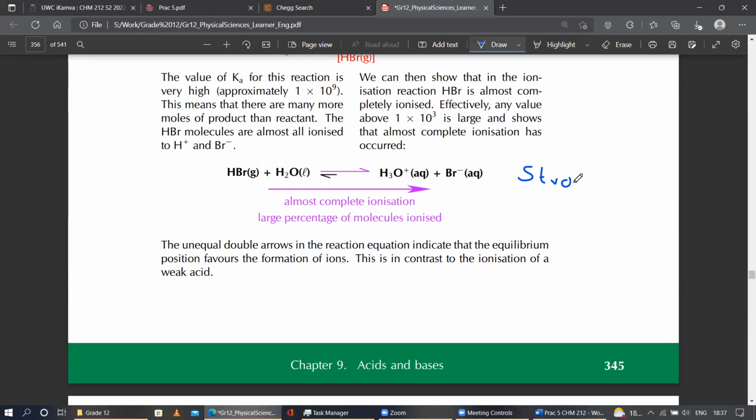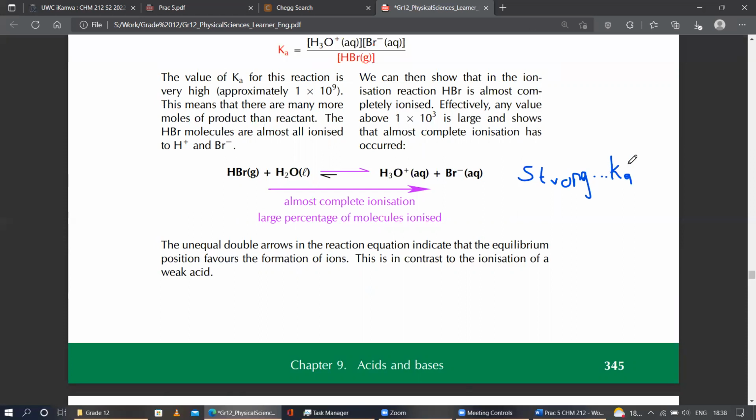So for a strong acid, your ionization constant is most likely going to be greater than or equal to 1.